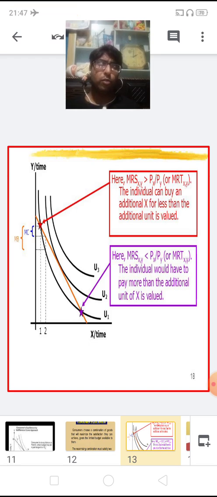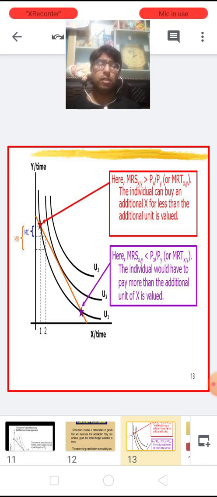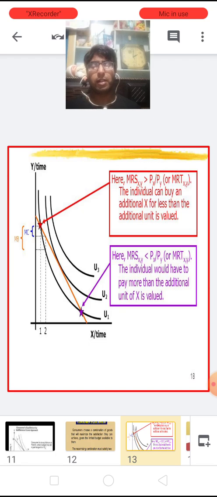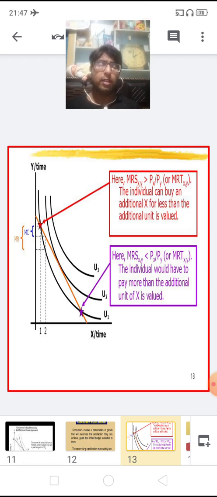So in order to get back to the equilibrium point, a consumer should consume more and more units of good X, so that with every additional consumption of good X, his marginal rate of substitution goes down, and it will decrease up to the point where MRS_XY becomes equal to Px upon Py.